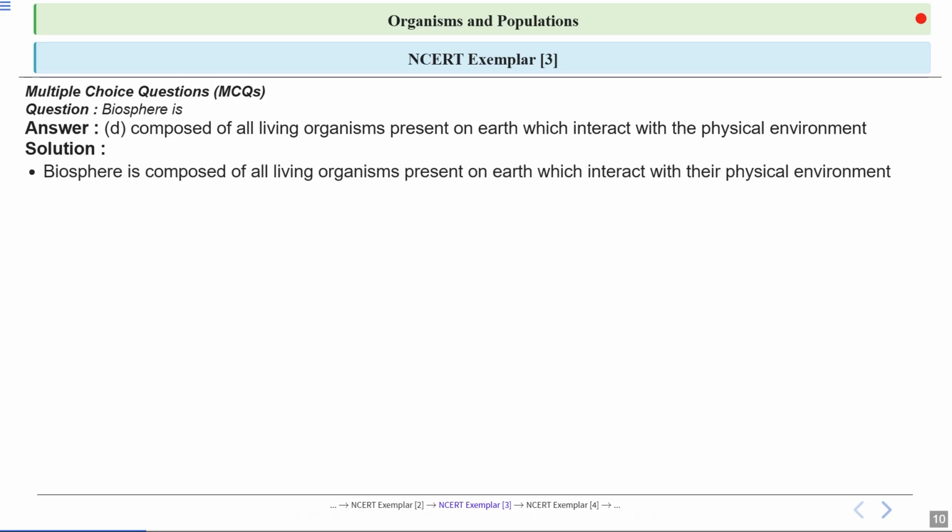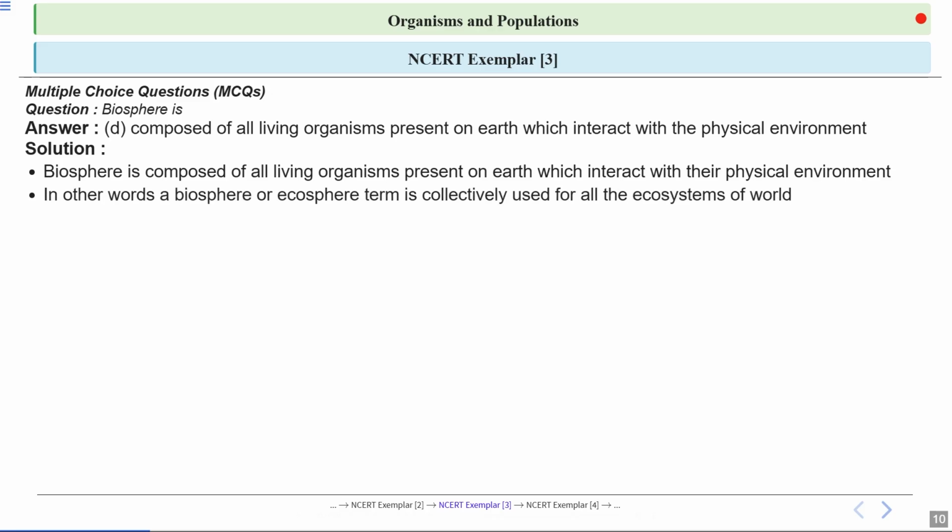So biosphere is made of all living organisms on Earth, and importantly, these organisms interact with their physical environment. Okay, clear? Now, to put it in another way, the term biosphere or ecosphere is used to describe all the ecosystems on our planet combined.